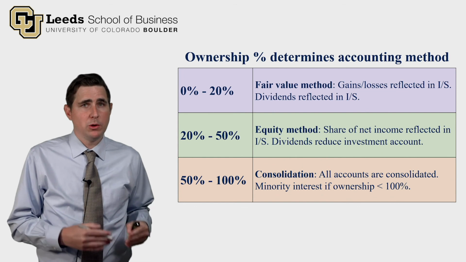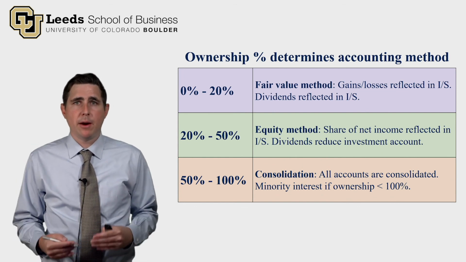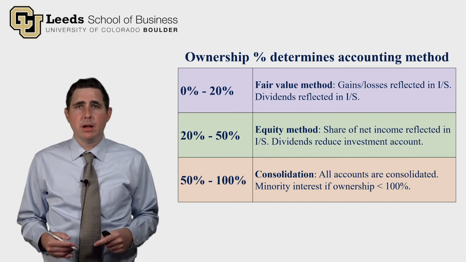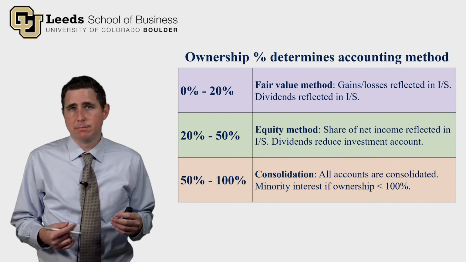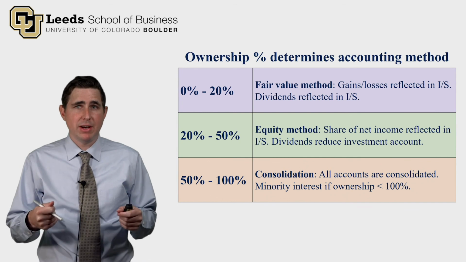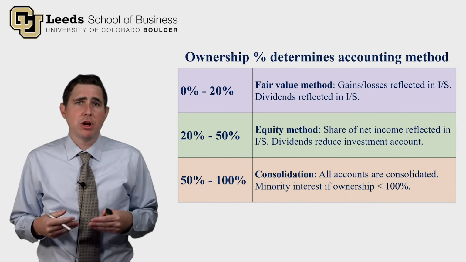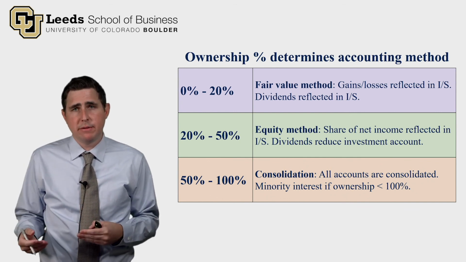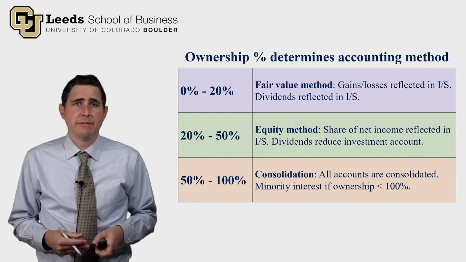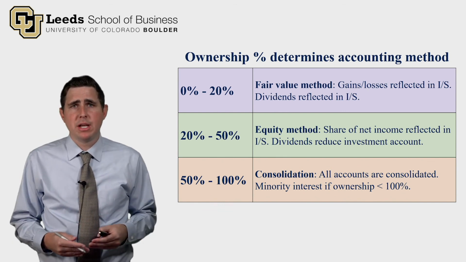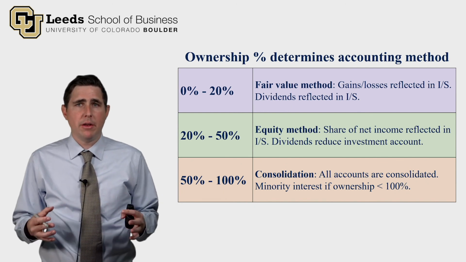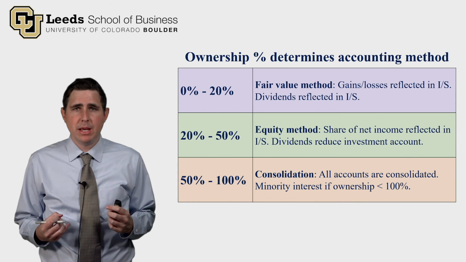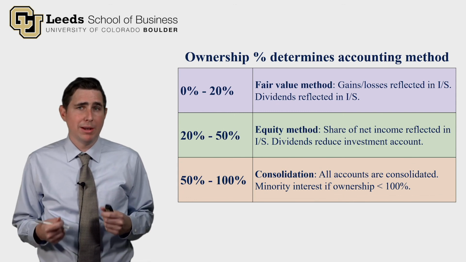If we acquire between 20 and 50% of a company, we'll use the equity method. In that method, our share of their net income is going to be reflected in the income statement, and it's also going to increase the investment account. And our share of their dividends is going to reduce the investment account. Finally, if we acquire between 50 and 100% of the company, we'll consolidate. All of the accounts are consolidated onto our balance sheet, and a minority interest is created if we own less than 100%.